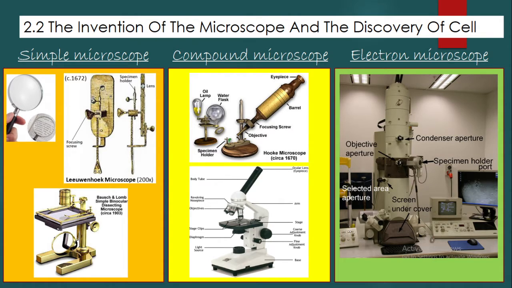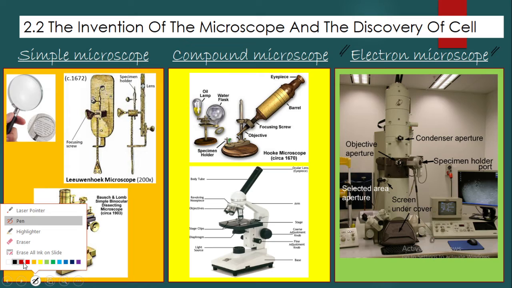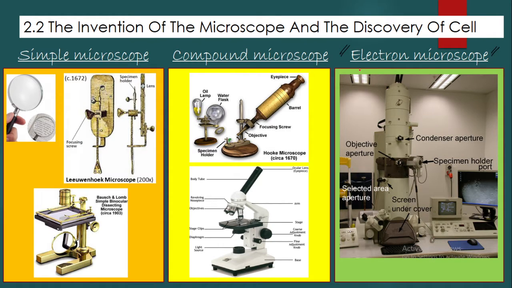To get such a magnification, the white light or the visible light is not sufficient. Then we move on to using the electron microscope, which has much higher magnification.